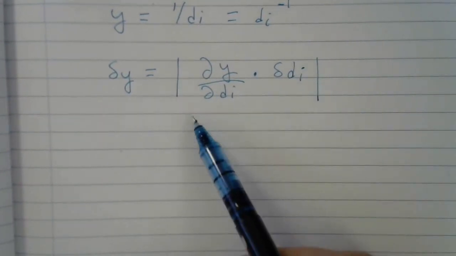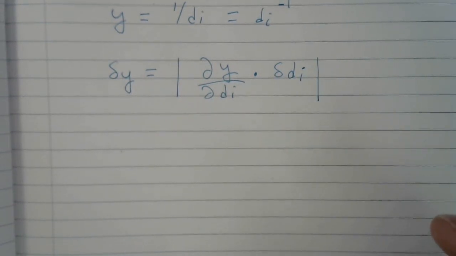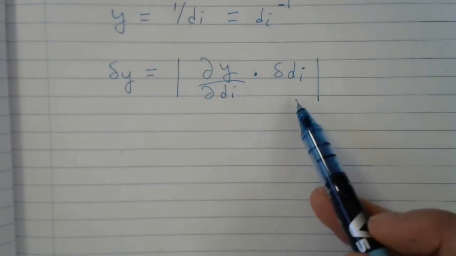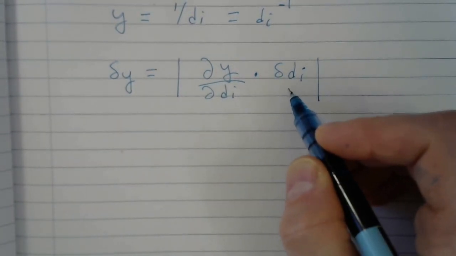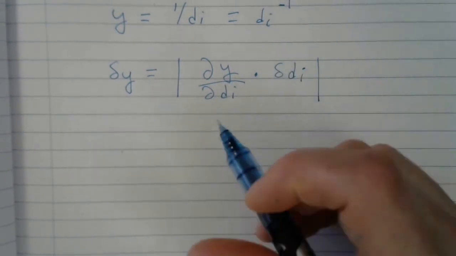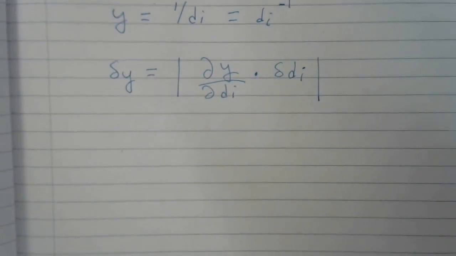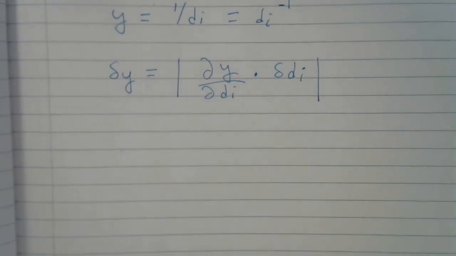And normally this would be square rooted and squared, but because there's only one variable, we know that it's going to simplify just down to this. So you'll have your delta di value, that'll go along with your di, and you'll need to calculate this partial derivative in order to determine your uncertainty for your y-axis.